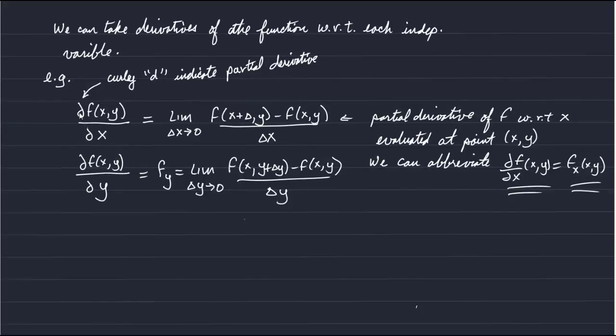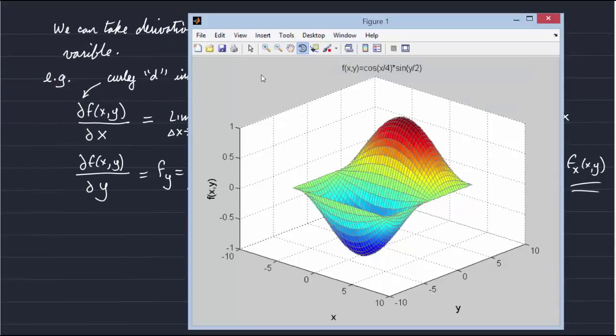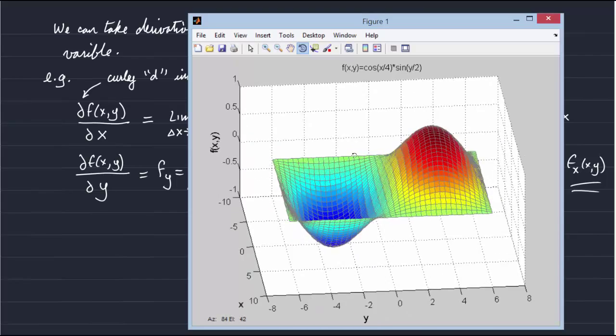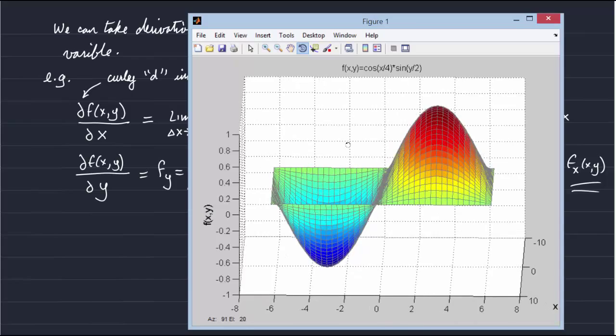So let's look at another graphical example. This is a three-dimensional surface plot of a function that varies in x and in y. And this function is cosine of x divided by 4 times sine of y divided by 2. So I'll just turn it around so you can get a better sense for how it's behaving.